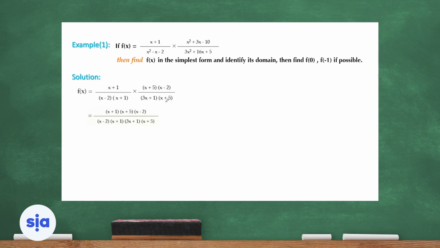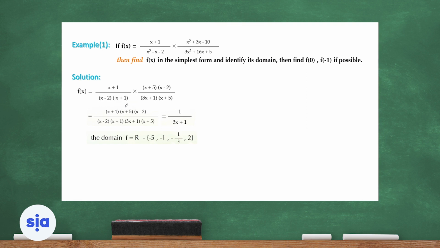Before we start crossing out and simplifying numerators with denominators, we need to find the common domain. As you can see, the common domain here is all real numbers, represented by R, except 2, negative 1, negative 1 over 3, and negative 5. So, as we said, the common domain is R except negative 5, negative 1, negative 1 over 3, and 2. Now let's cross out and simplify.